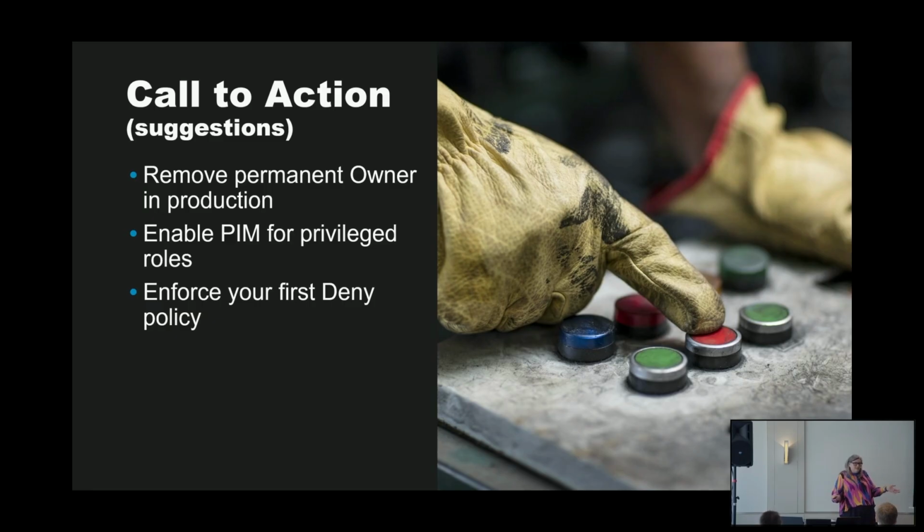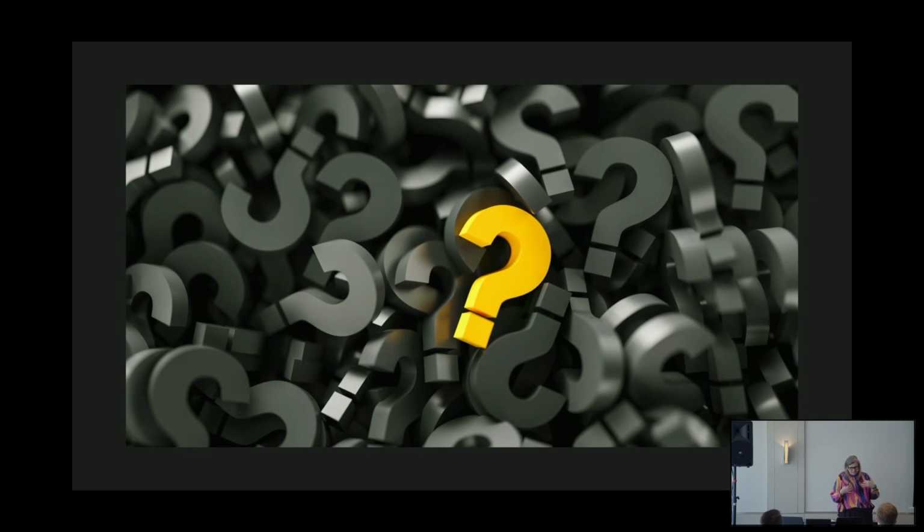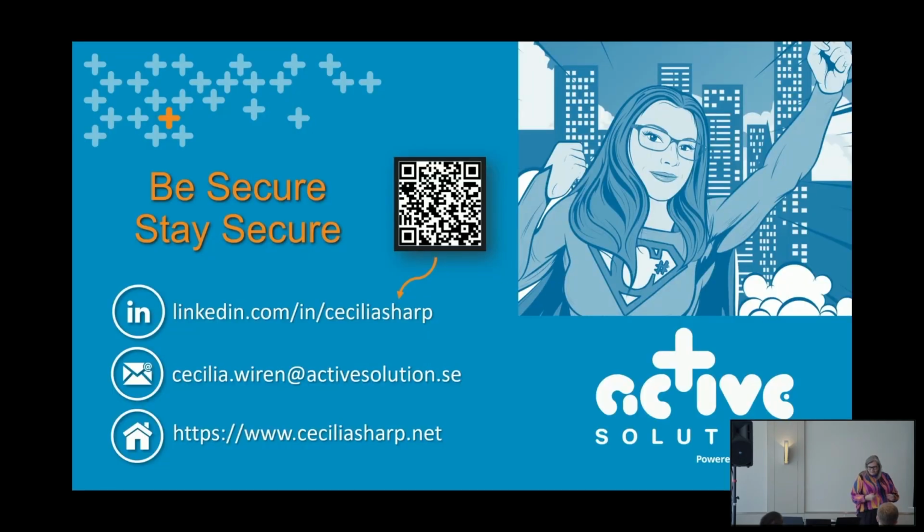That's just a couple of suggestions, but go and ask yourself: if you're auditing your subscription, what will you find around this area? And think about what the next action to take would be when you come back on Friday or Monday to make it more secure. So go and secure your environments, and thank you for your session.